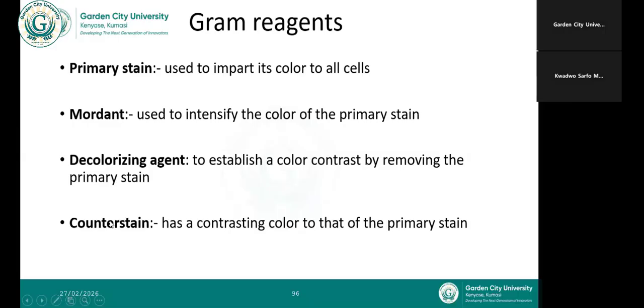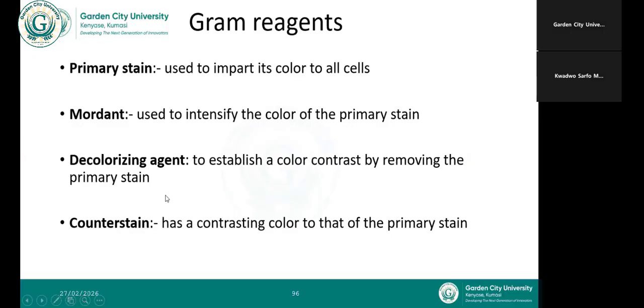So once you apply another stain, the one that remained colorless, which is the gram-negative, the one that lost the primary stain, will then pick the contrasting color of the counter stain.